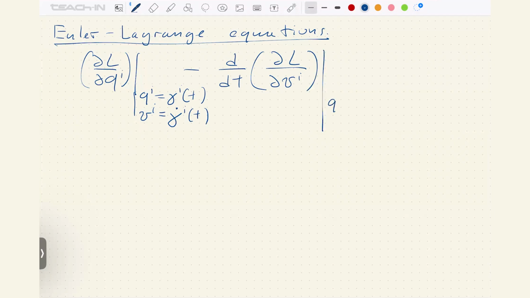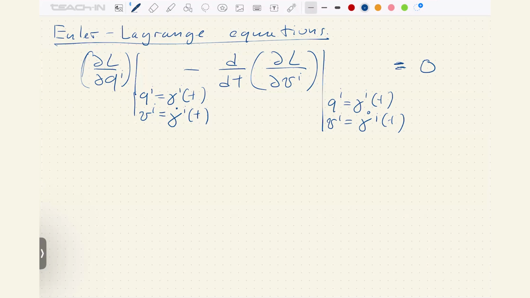Here we also need similar substitution, gamma_i of t. This is 0. So the least action principle tells us that the stationary trajectories are the ones which satisfy this equation. These are called Euler Lagrange equations.